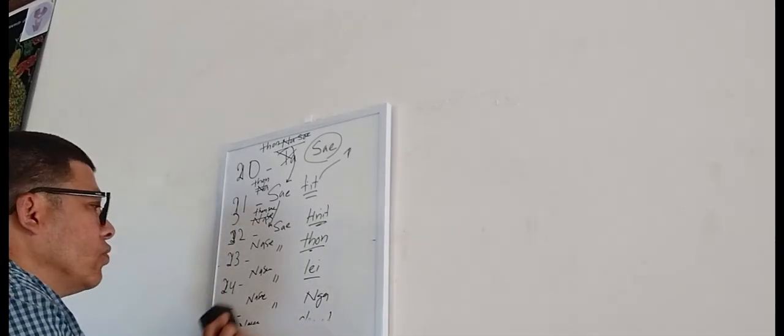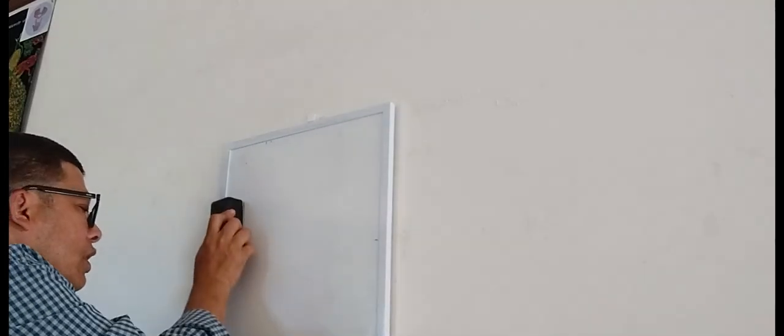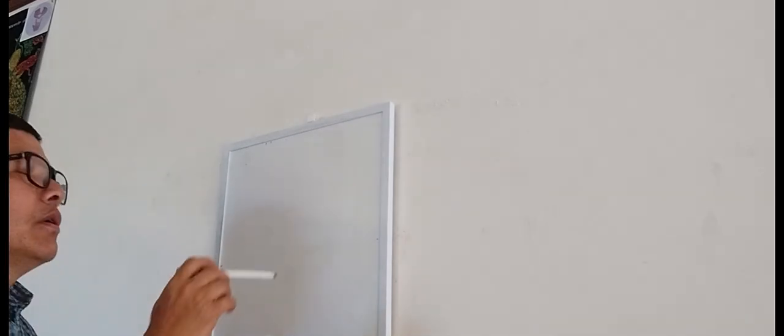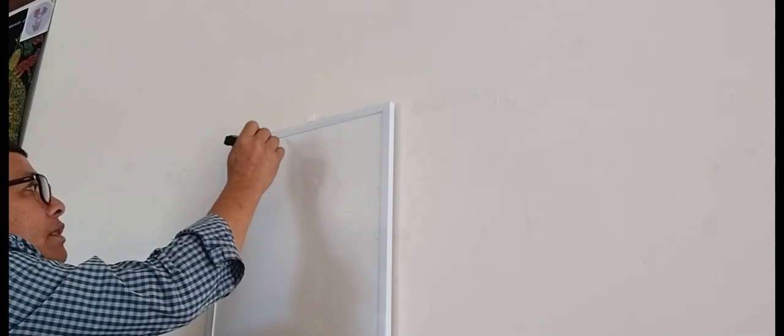So I'm going to show you that 20 to 100. Then 21 to 99, you just take the first and then keep continuing, right? So 20 we say nase. 10 we say the say, right?